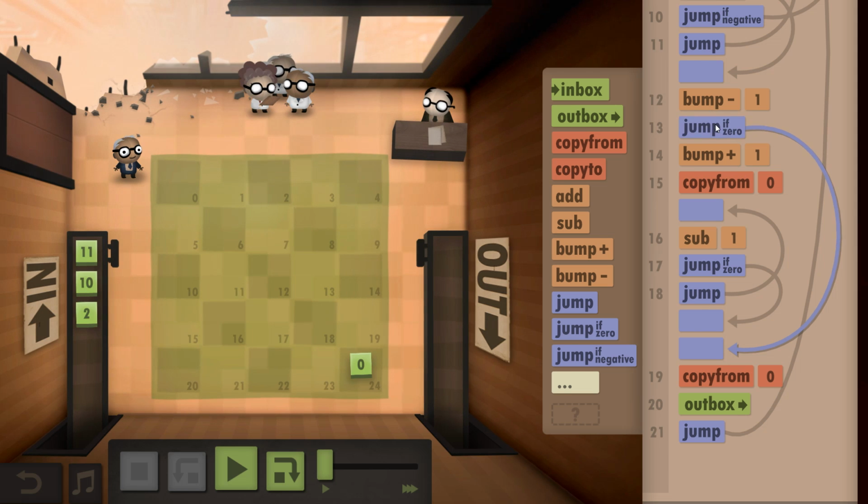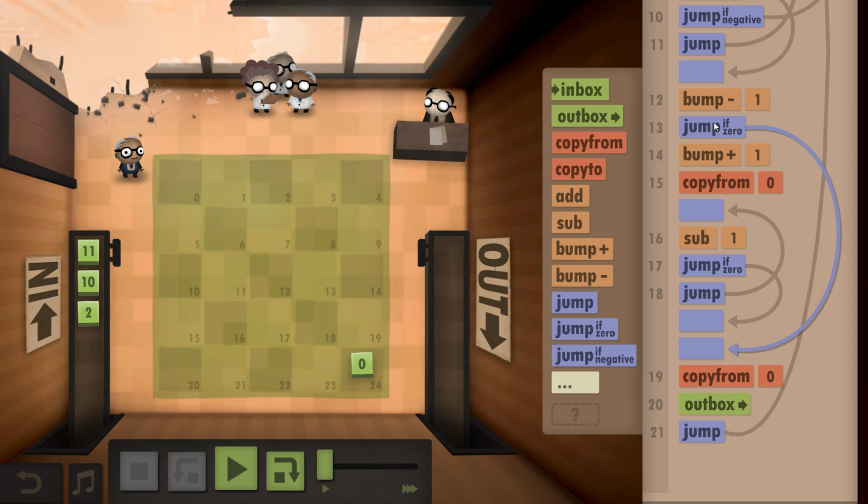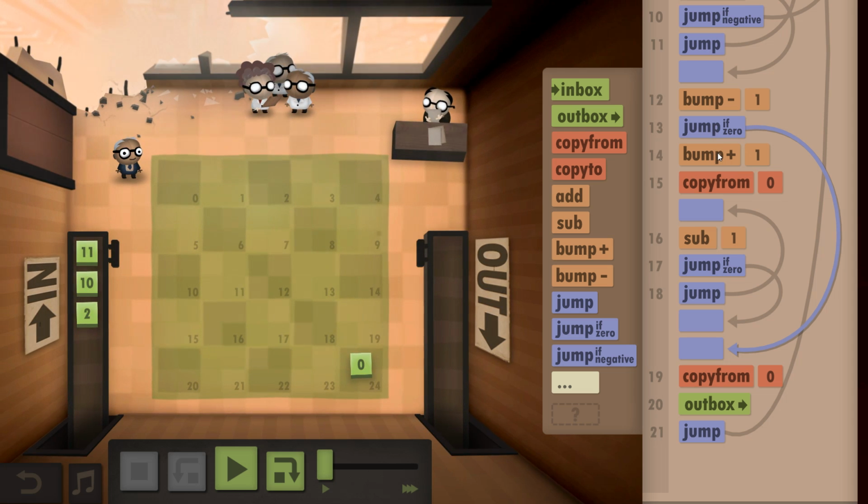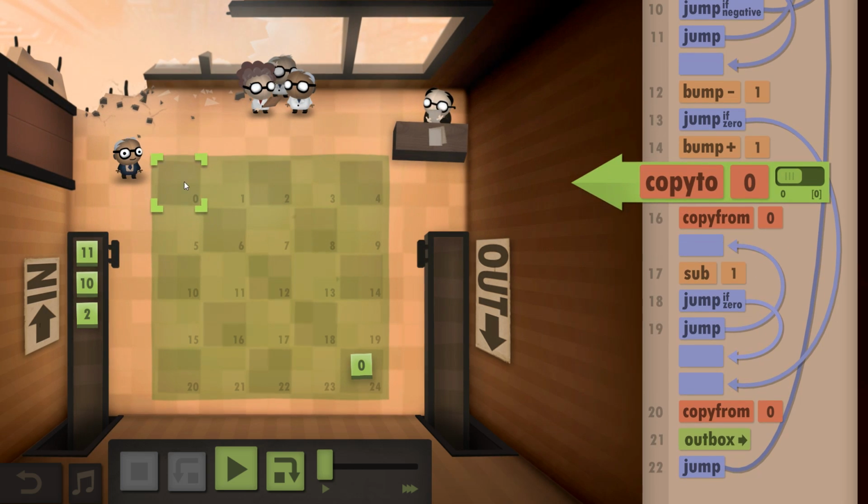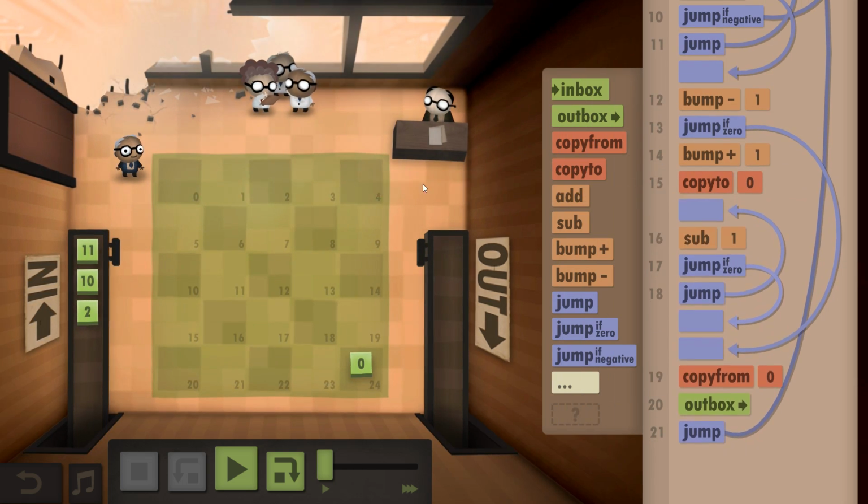Alright, if it's not 0, that means that I have found a factor. So that means that I have to do this, basically, right?